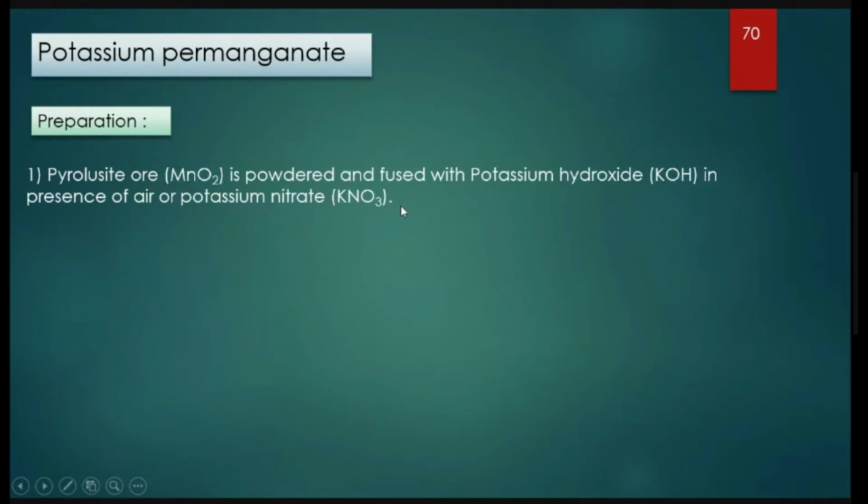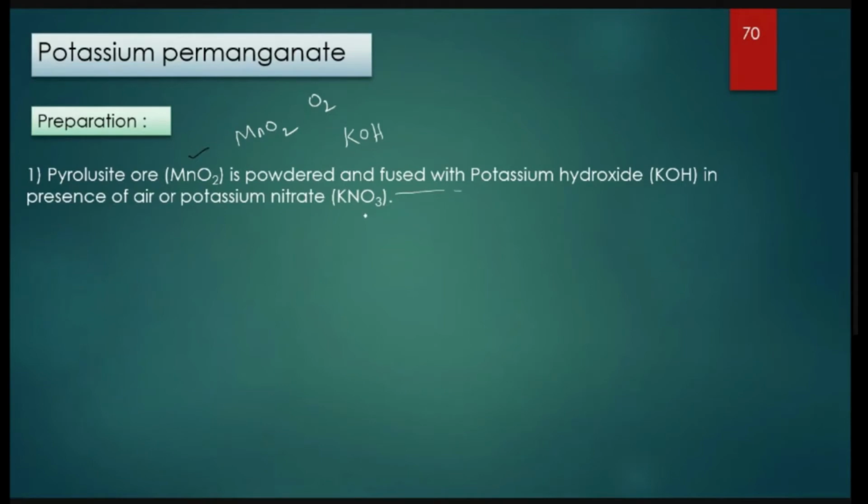Please try to concentrate. Pyrolusite ore, that is MnO2, manganese dioxide, is finely powdered and fused with potassium hydroxide. So we take MnO2, also known as pyrolusite ore, finely powdered, and fuse it with KOH in the presence of air, that is, oxygen, or you can use any strong oxidizing agent such as potassium nitrate.